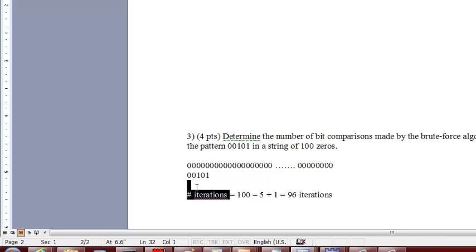Now in each of these iterations, we'll see that the first two bits match, so we need to compare these two, and then since they match, the third bit over here needs to be compared with this. Now they don't match, so we don't need to do the comparison of 0 with 0, or 0 with 1, because the third comparison doesn't match.